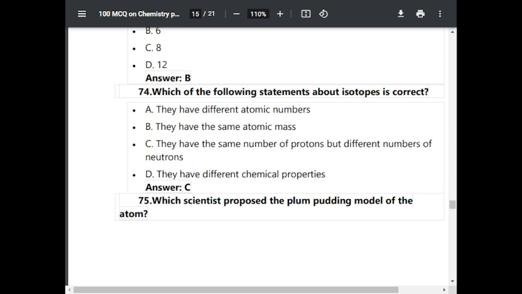The correct statement is they have same number of proton but different number of neutron. Question number 75. Which scientist proposed the plum pudding model of the atom?